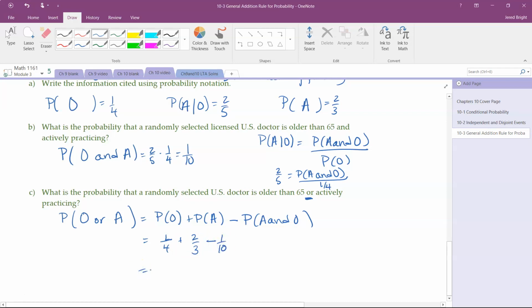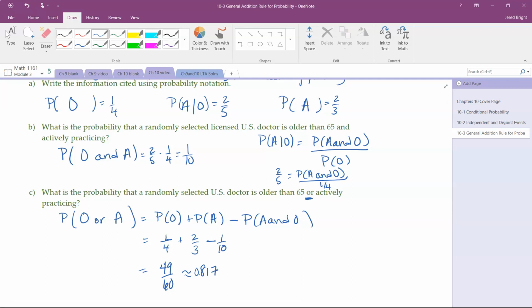We can do this by hand with common denominators, or use a calculator. You get, as a fraction, 49 over 60, which is approximately 0.817. So almost 82% are either older than 65 or actively practicing.